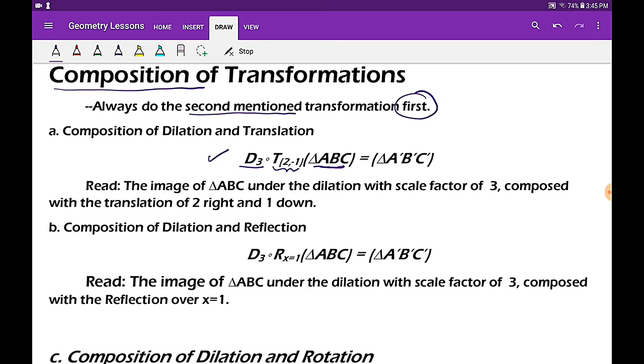Now, when we actually perform this composed transformation, guess what we do first? We do the translation first, and after we have translated, we do the dilation. That is the same pattern in any composed transformation. In this transformation, you apply the dilation with a scale factor of 3 to the image after doing the translation of 2 right, 1 down.